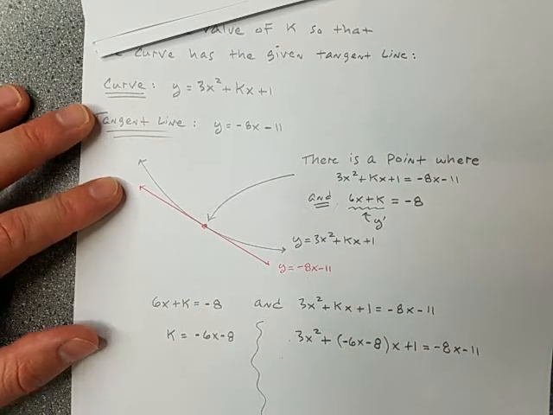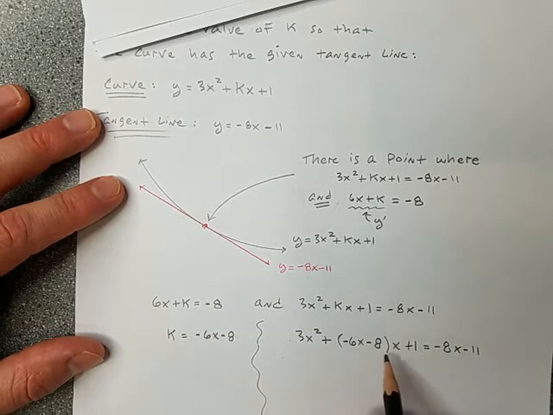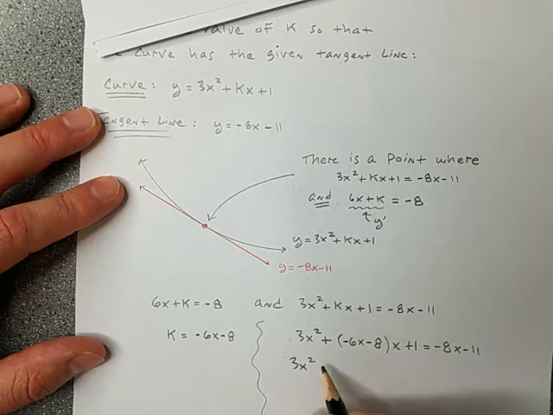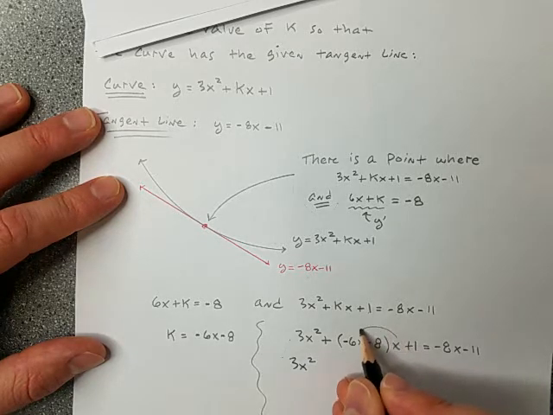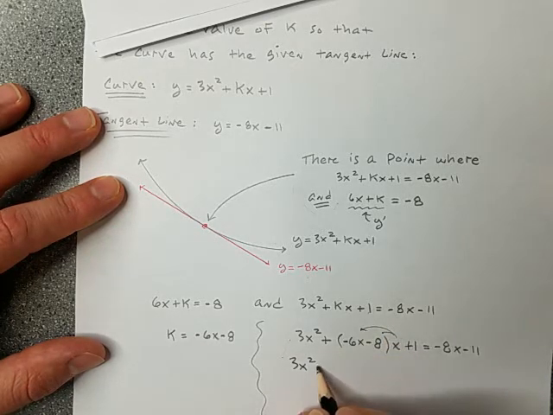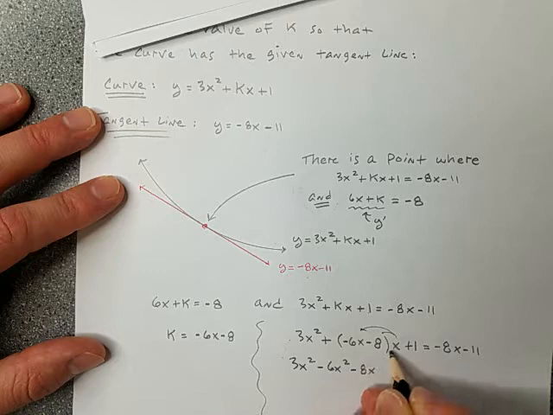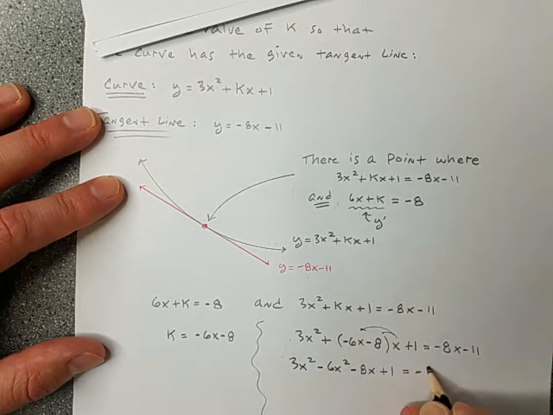Now let's try to work this out. It will take some simplifying. I'll have to distribute this x in there. So I get negative 6x squared right here, negative 8x right there, plus 1, and negative 8x minus 11 on the right.